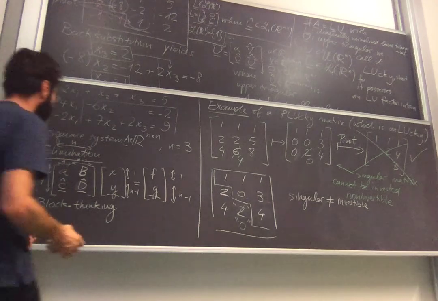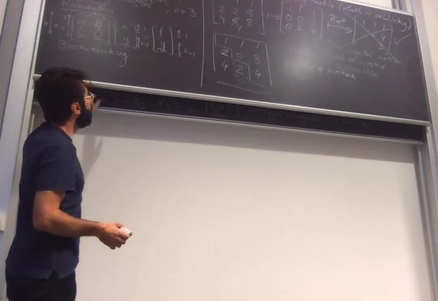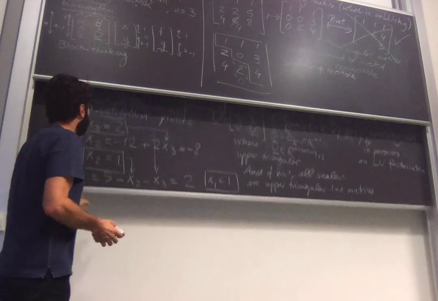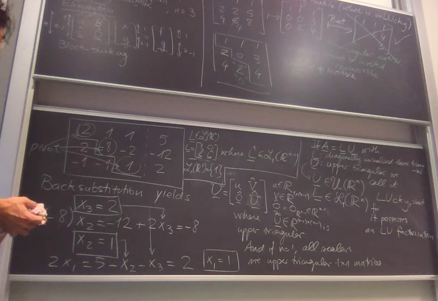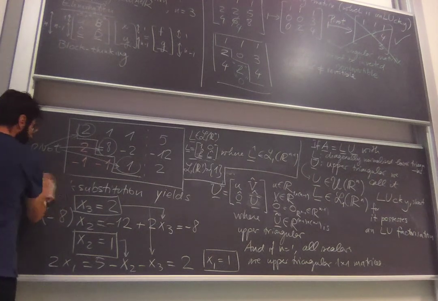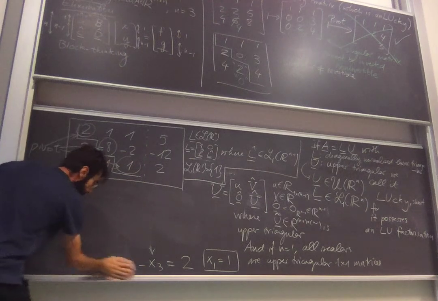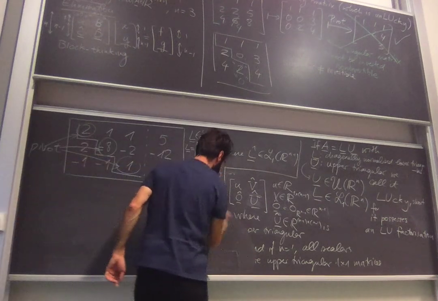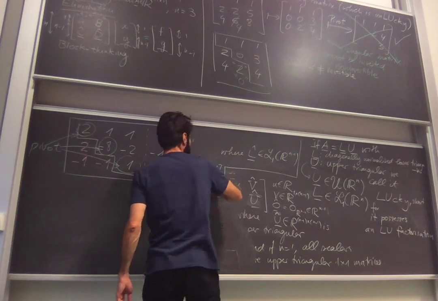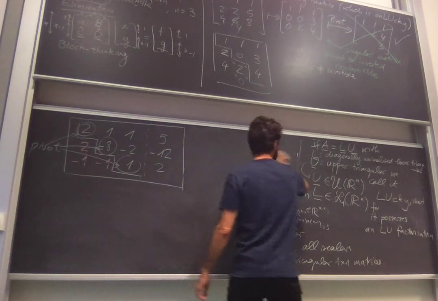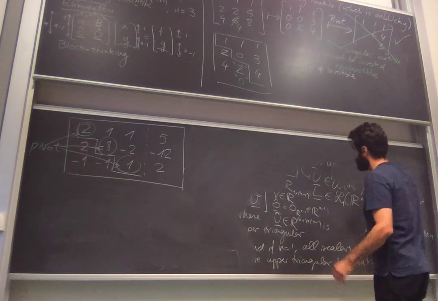Let me do it here. I'm going to keep this one because I need it as a guiding principle. Before we do the full Gaussian elimination in a recursive way, let's do something a bit easier in a recursive way.